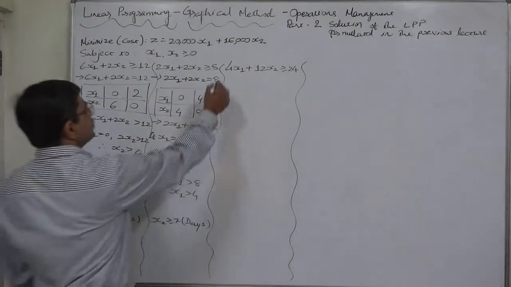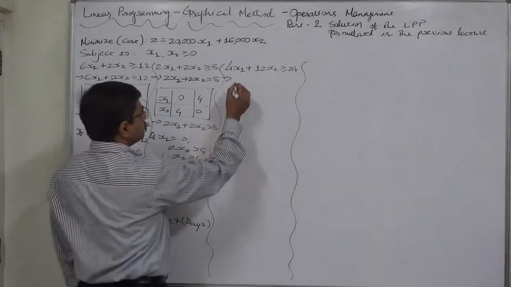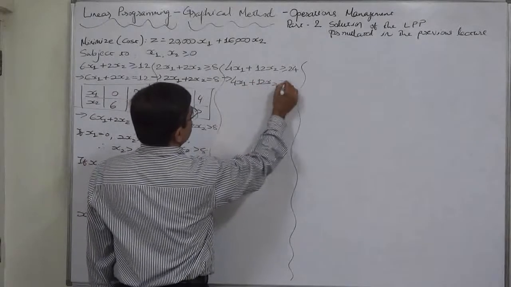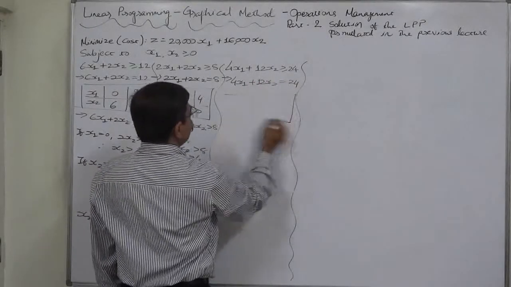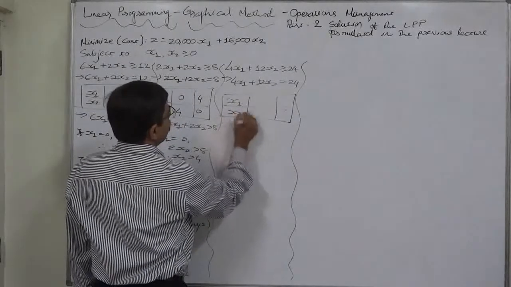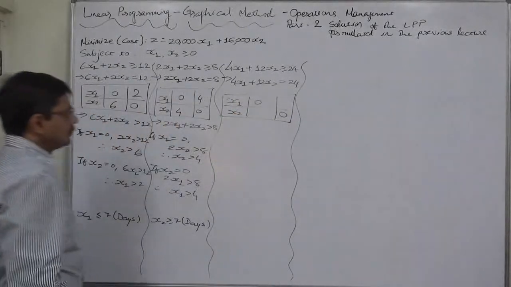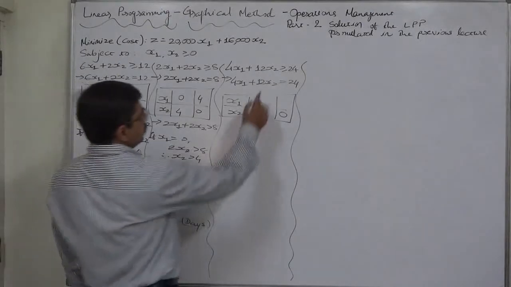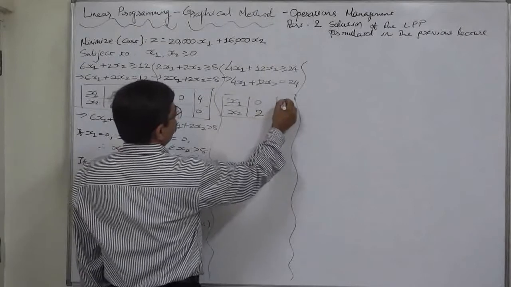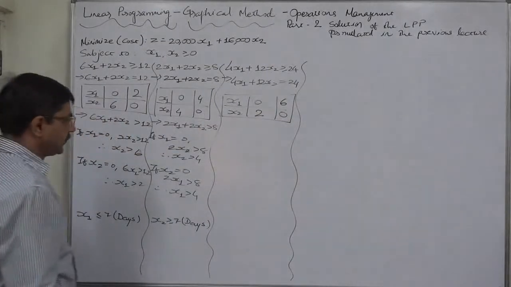In this case, the equation will be 4x1 plus 12x2 equals 24 and the two points will be 24 divided by 12, that is 2, and 24 divided by 4, that is 6.